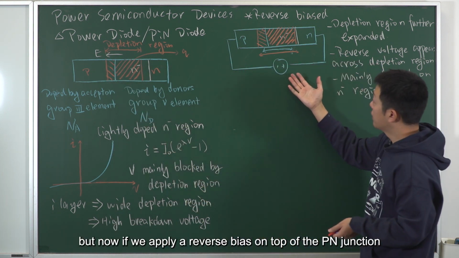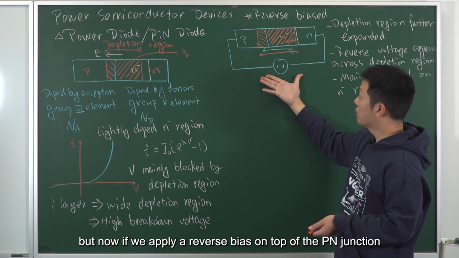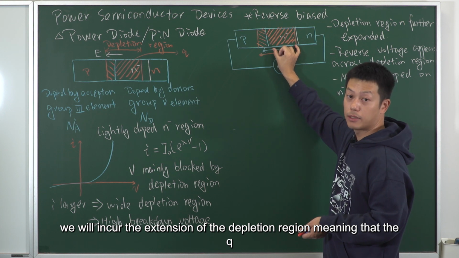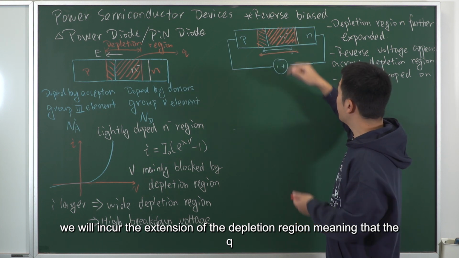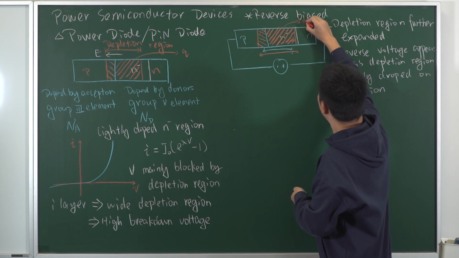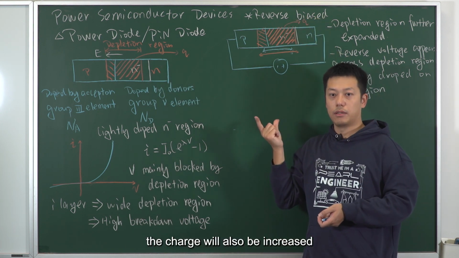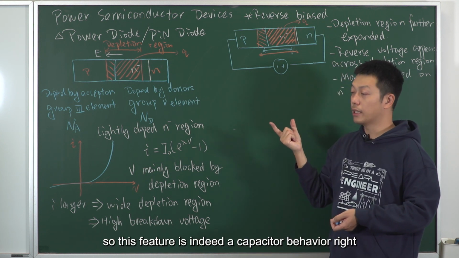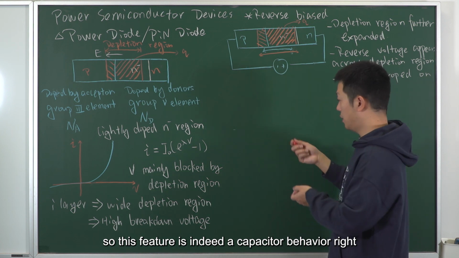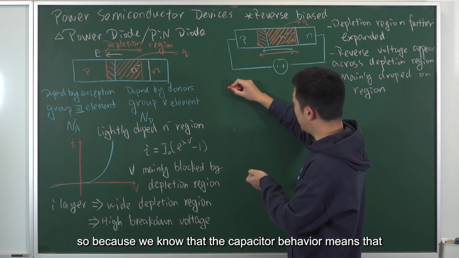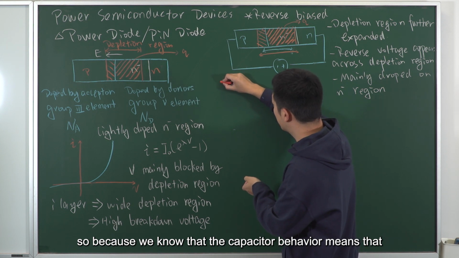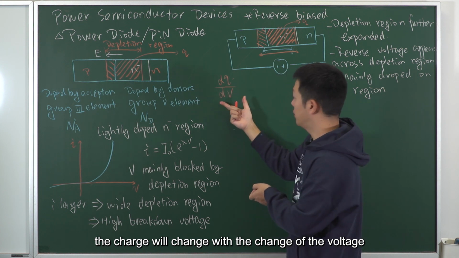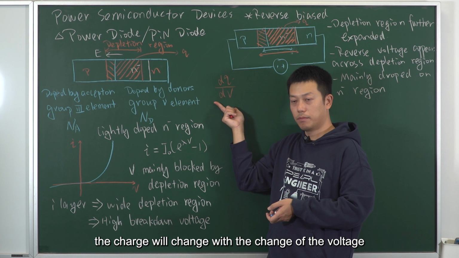But now if we apply a reverse bias on top of the p-n junction, we will incur the extension of the depletion region, meaning that the Q, the charge, will also be increased. So this feature is indeed a capacitor behavior, right? Because we know that capacitor behavior means that the charge will change with the change of the voltage.